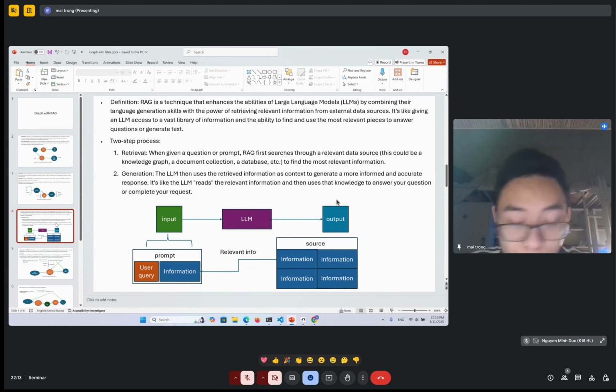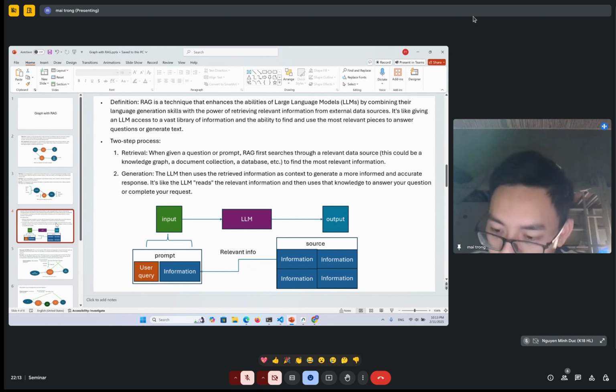You may have your prompt, you may have your user query, but the information that is highly relevant to the user query may also decide how effective your LLM is. So how do they do that? How do they know what is relevant information that has a high similarity with the user query?